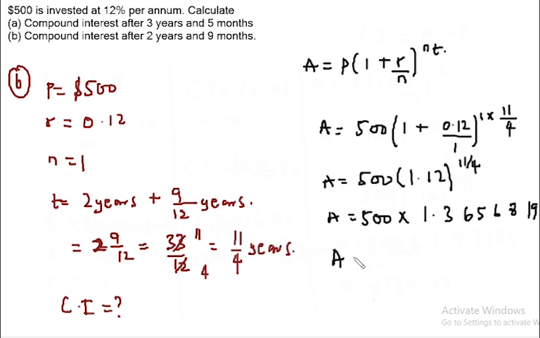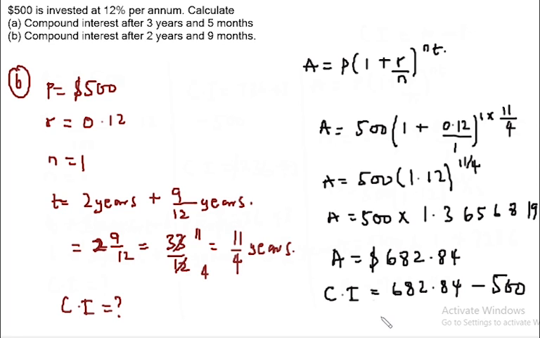And then A is equal to $682.84 to 2 decimal places, so that the compound interest will be equal to 682.84 minus the principal, which is 500, which is equal to $182.84. So the compound interest after 2 years and 9 months is $182.84. So that's how to calculate the compound interest.